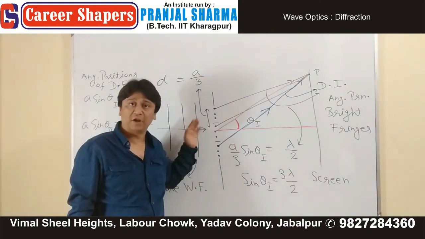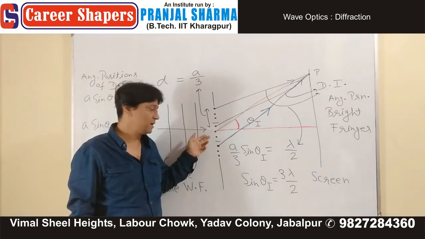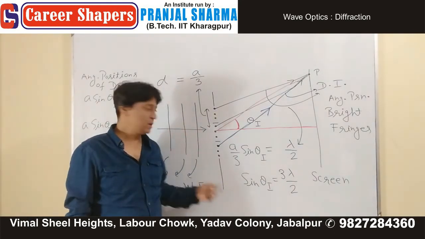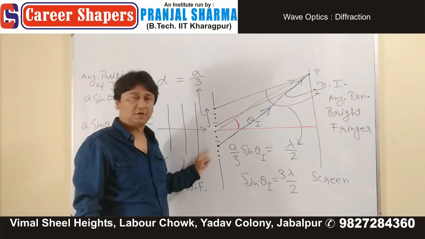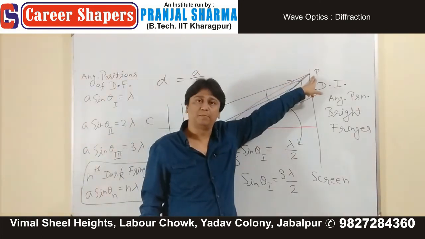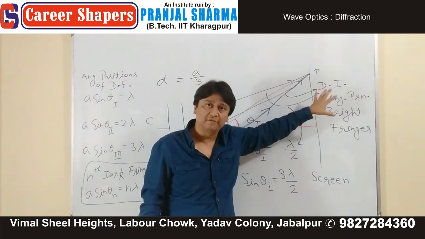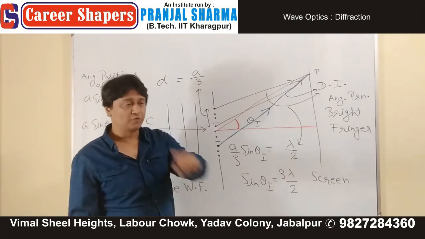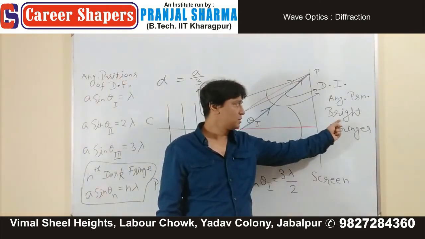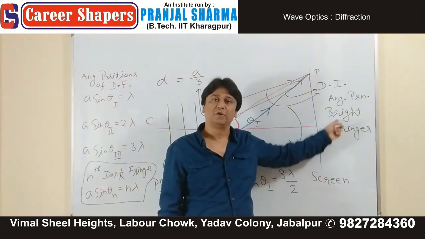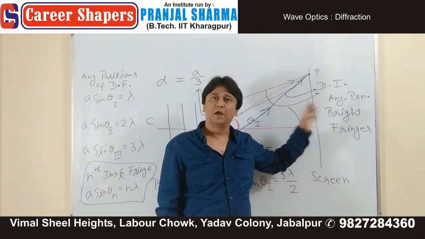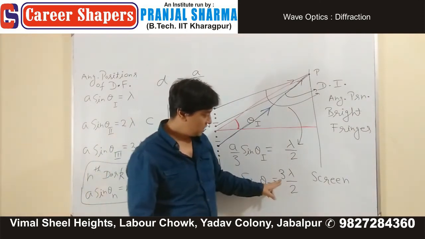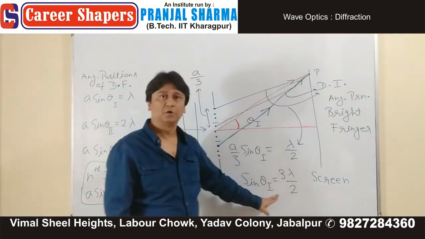We did only 3 partitions. First and second cancel each other. Third is left out. That means all these electric fields survive at point P, and if they survive, that means the electric field is present. That spot is what? Bright. And it will give you a bright fringe. And the first bright fringe, its angular position is coming as what? 3 lambda by 2.